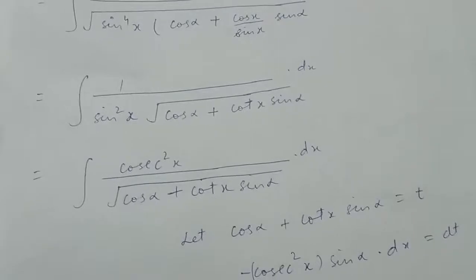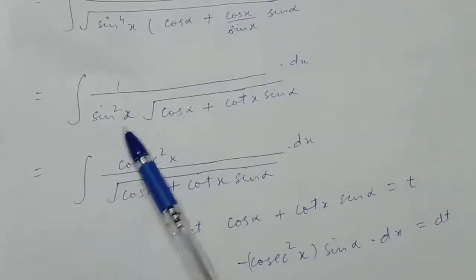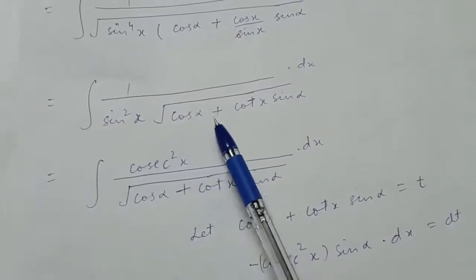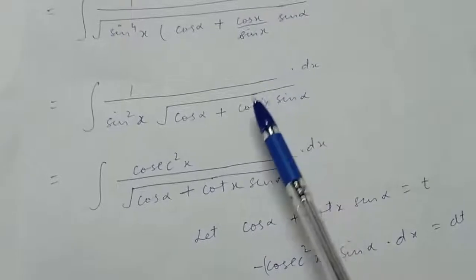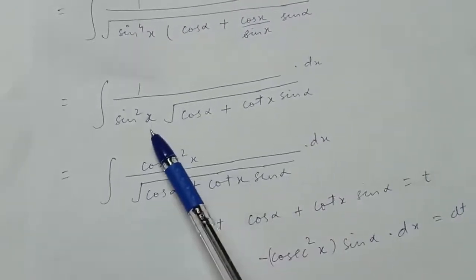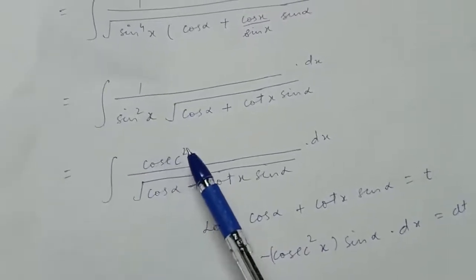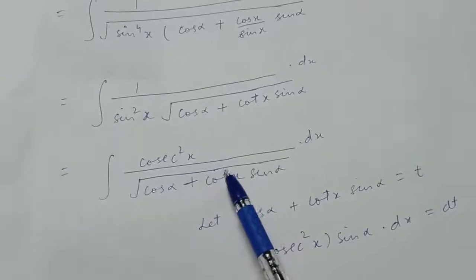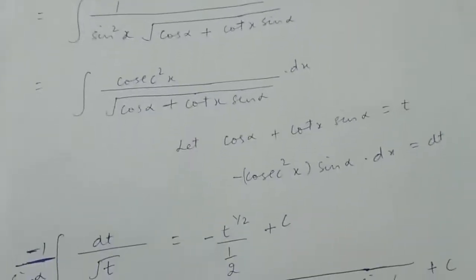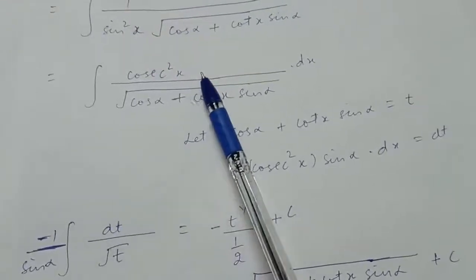Now take sin x raised to the power 4 out from the root, and you will get sin square x into root of (cos alpha plus cot x sin alpha). Now this 1 upon sin square x can be written as cosecant square x, and here we have cot x, and the derivative of cot x is minus cosecant square x, which exists in the integrand, right?